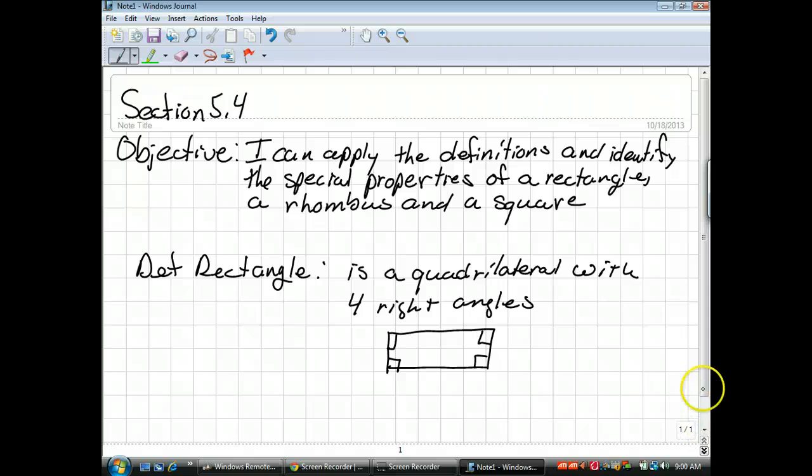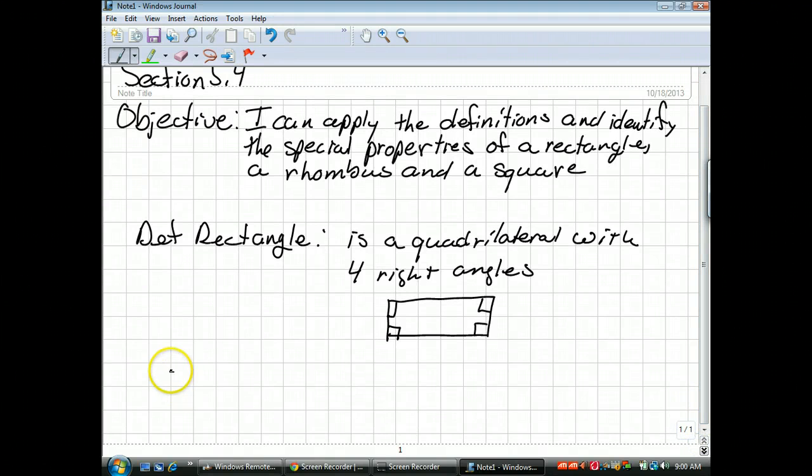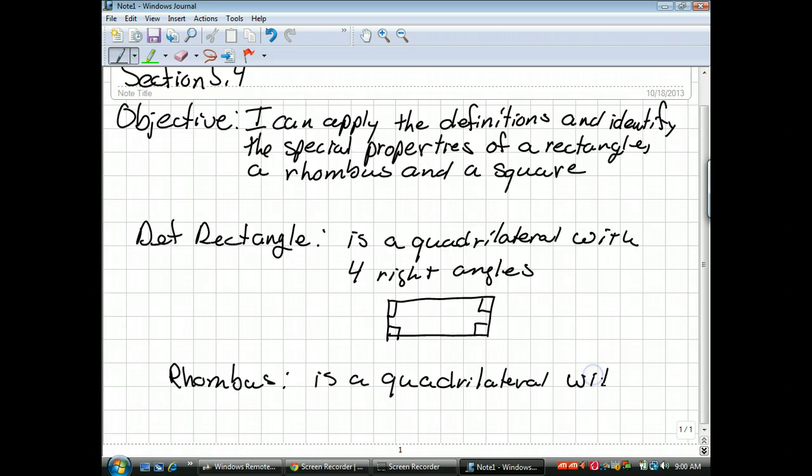Then let's go on to a rhombus. Definition of a rhombus. Well, a rhombus is a quadrilateral with 4 congruent sides.